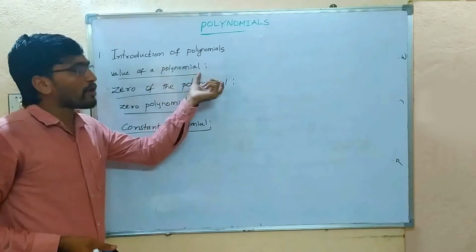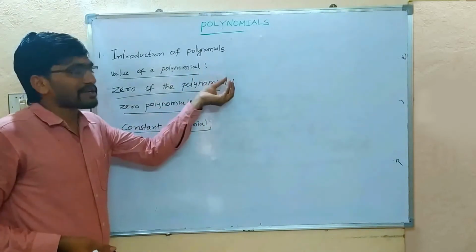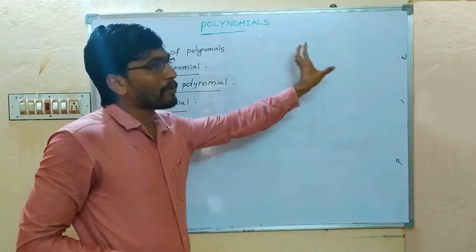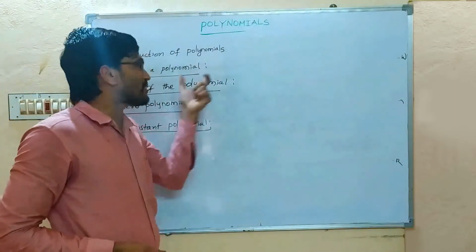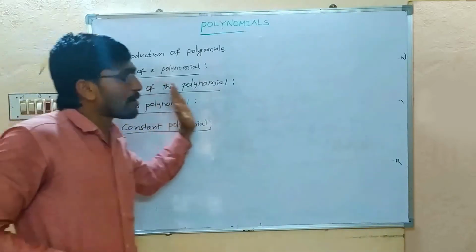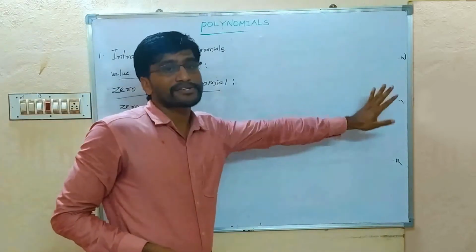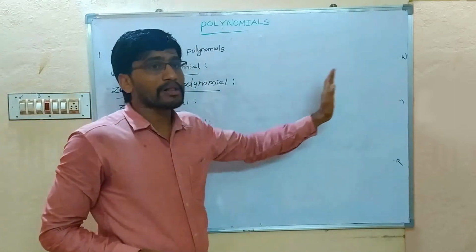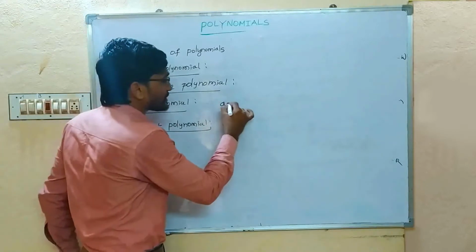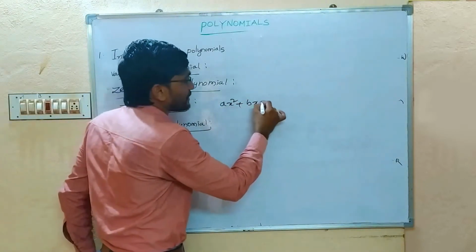Zero of the polynomial is nothing but in place of x we can substitute any value. Then if we get the value of the polynomial is equal to 0, then that value is called a zero of the polynomial. Zero polynomial means if a polynomial contains all the coefficients as zeros, then it's called a zero polynomial. Suppose I consider ax square plus bx plus c.